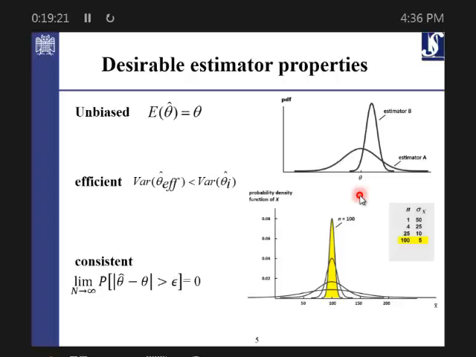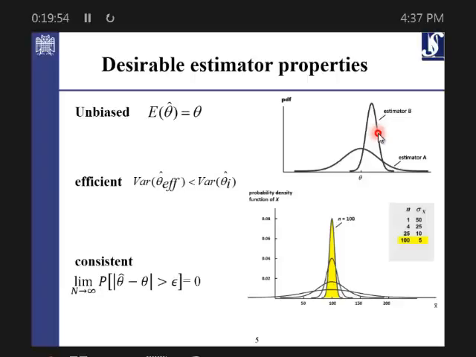So it means that it's an unbiased estimator, even though its variance is much more than estimator B, but it's more preferable. Why? Because estimator B has its mean value pretty much deviated from theta, even though that estimator has less variance, but the probability of getting the right value is much less.